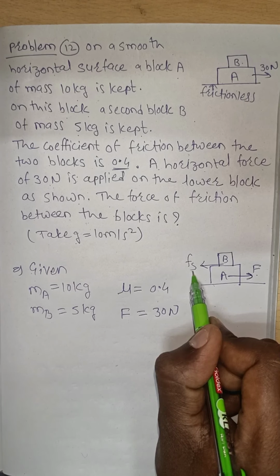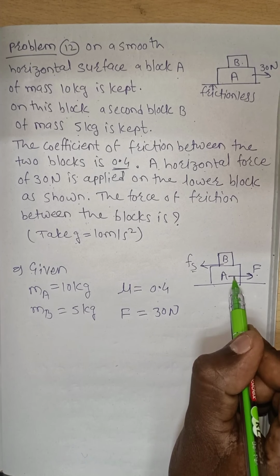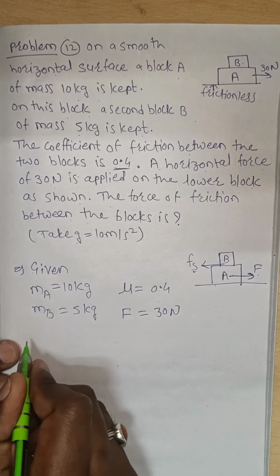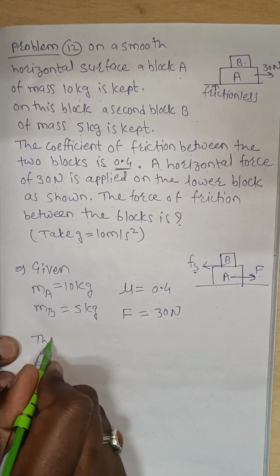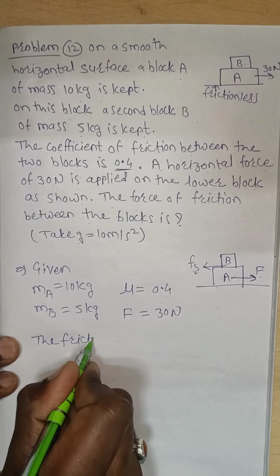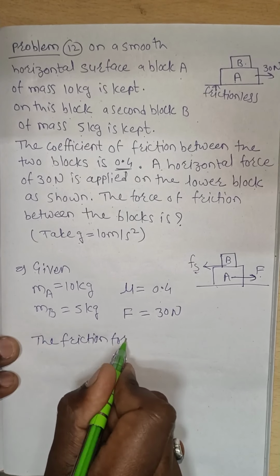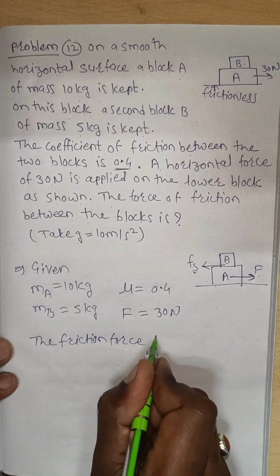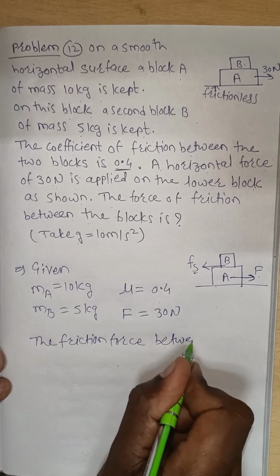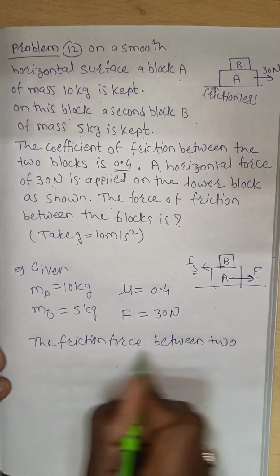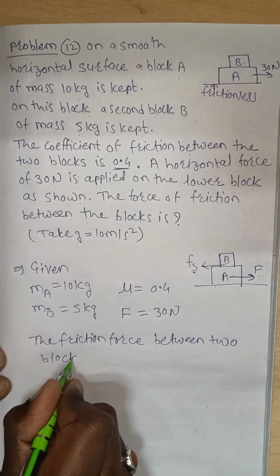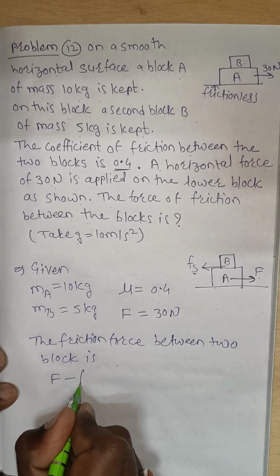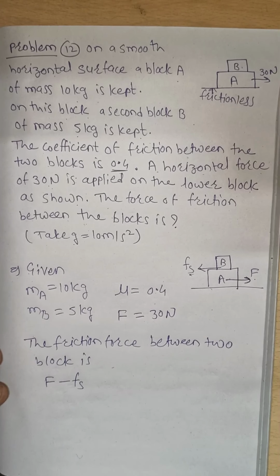Therefore the net friction force between the two blocks is F minus Fs. That is, the friction force between the two blocks is the applied force minus static friction.